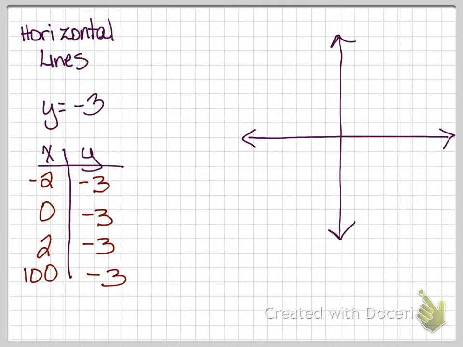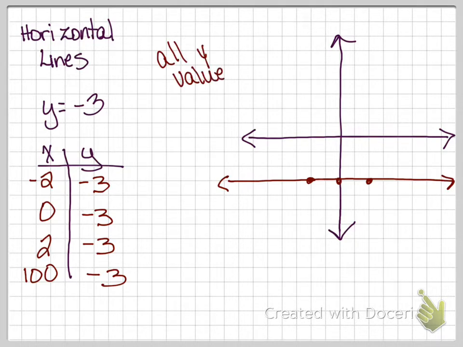So I've got negative 2, negative 3. Then I have 0, negative 3, 2, negative 3, and 100, negative 3. So every single y value is going to be negative 3. It does not matter what my x values are because all y values are negative 3.